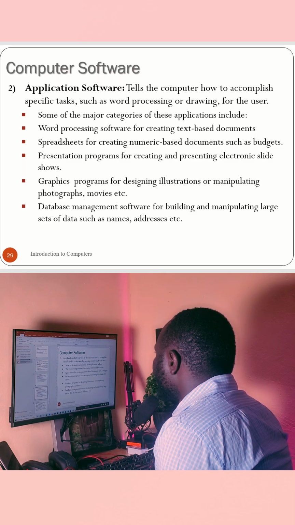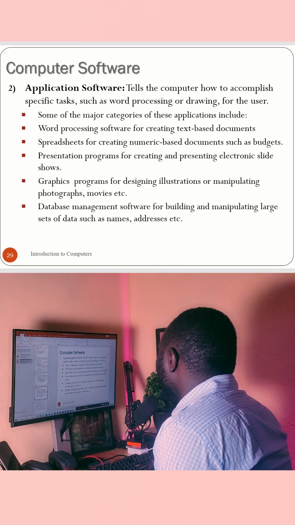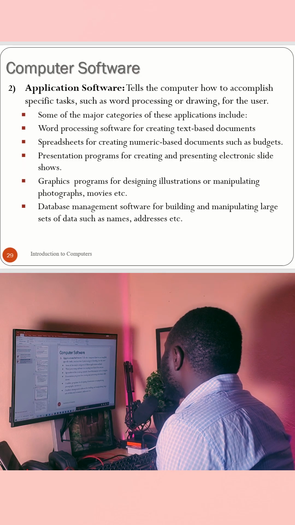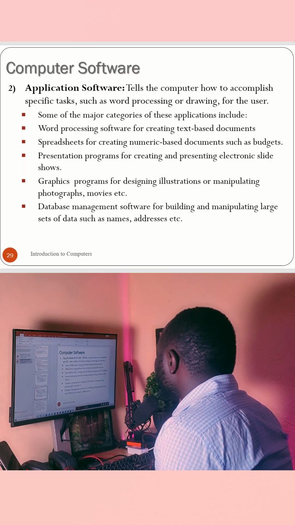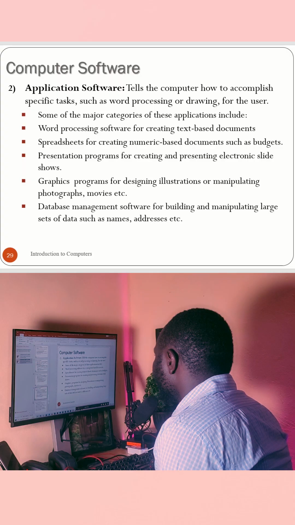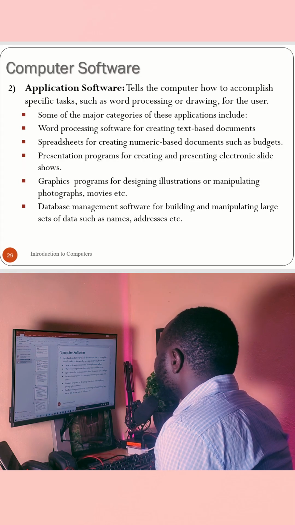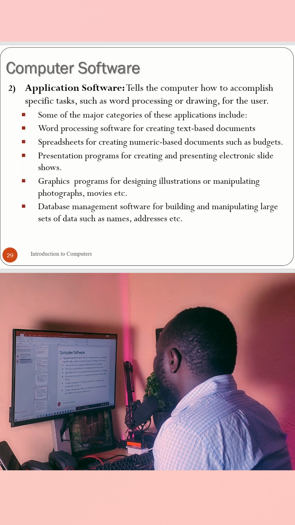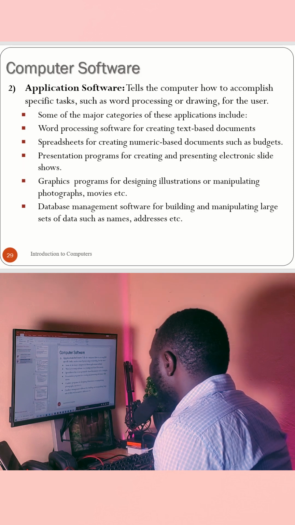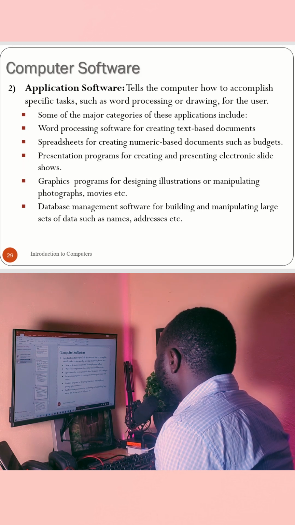Then we have presentation programs for creating and presenting electronic slides. Now this is PowerPoint. Then we have graphic programs for designing, such as Adobe Illustrator, or manipulating, such as Photoshop, and then for movie editing as well, such as Adobe Premiere Pro.